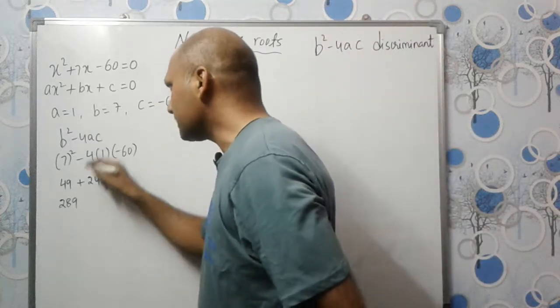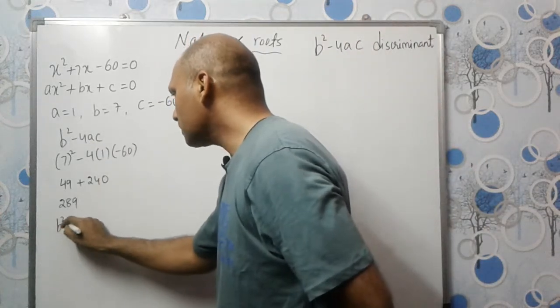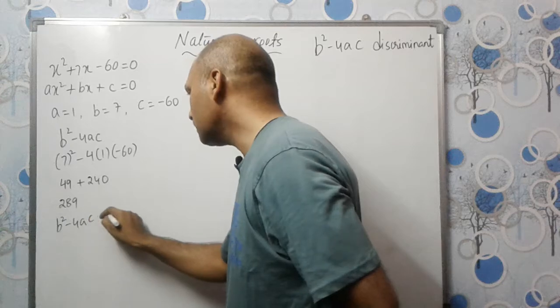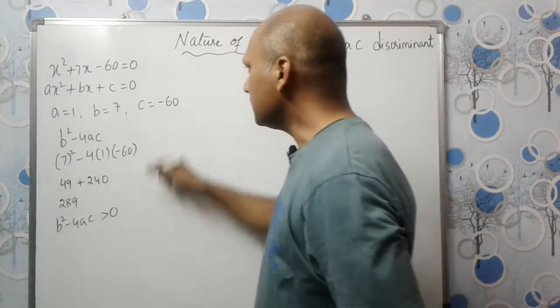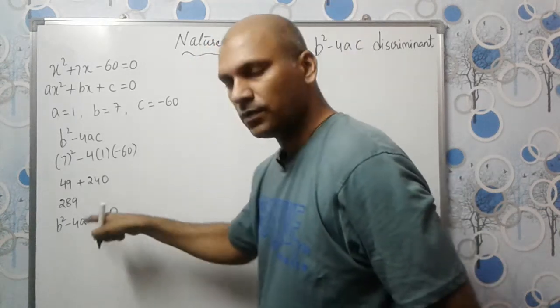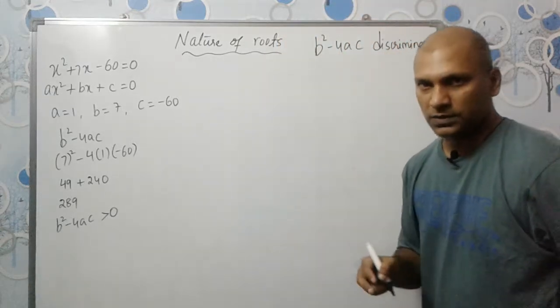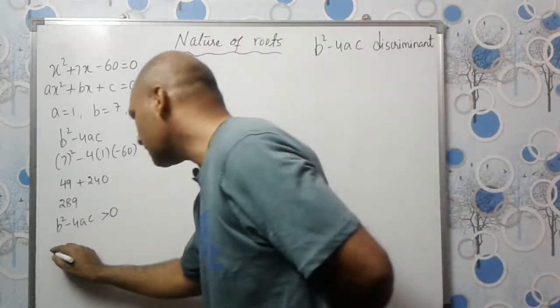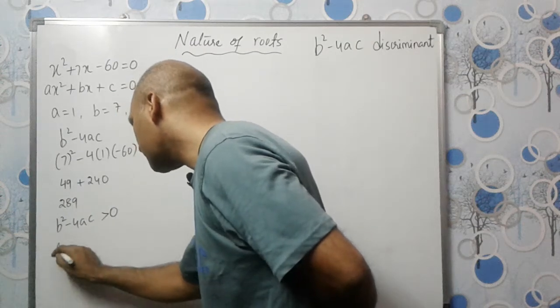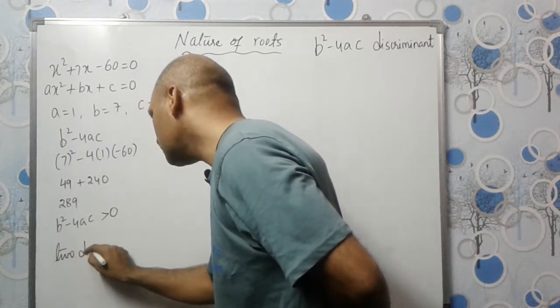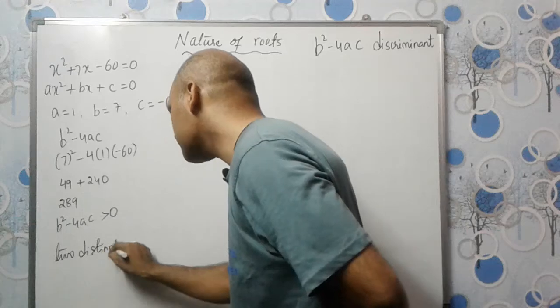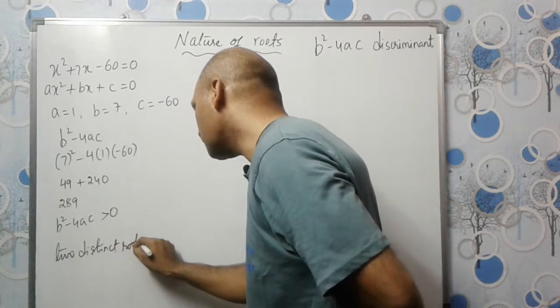This is greater than 0, which means b square minus 4ac value is greater than 0. Just now we have studied, if b square minus 4ac is greater than 0, equation will have two different roots. Okay, so what is the nature of the roots? Equation will have two different or distinct roots.